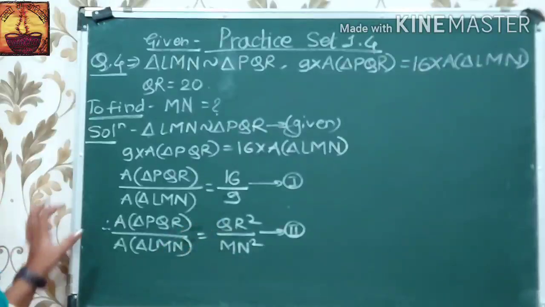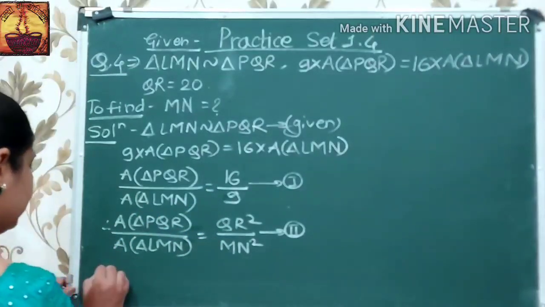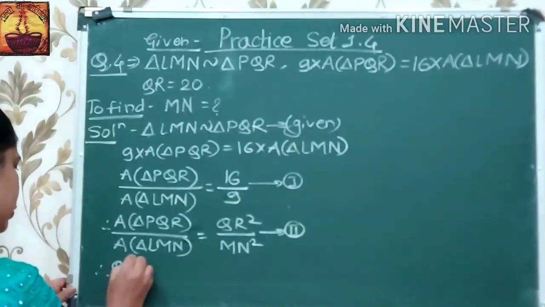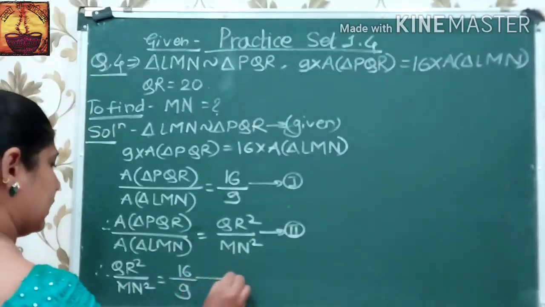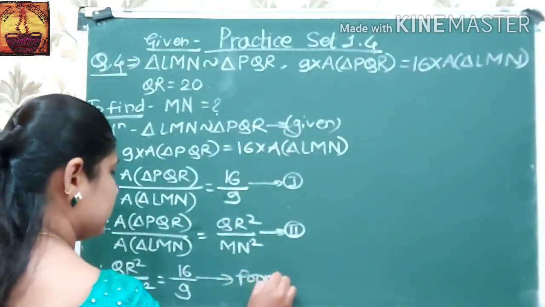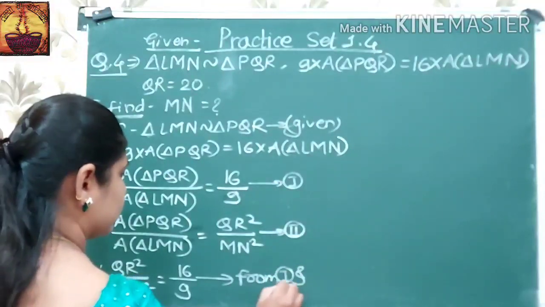From 1 and 2, left hand sides are equal, therefore right hand sides are equal. Therefore, QR square upon MN square is equal to 16 upon 9, from 1 and 2.